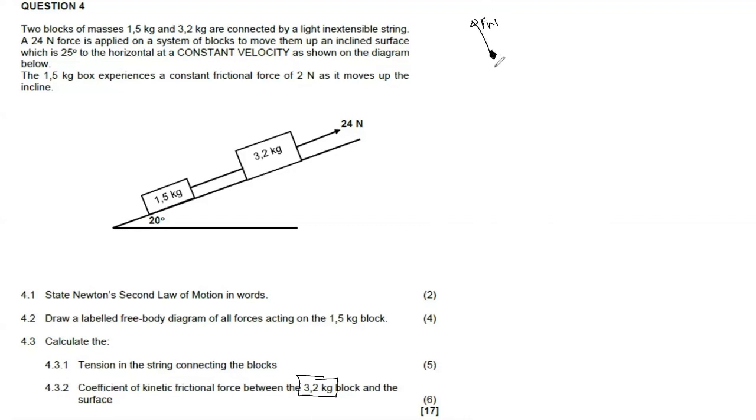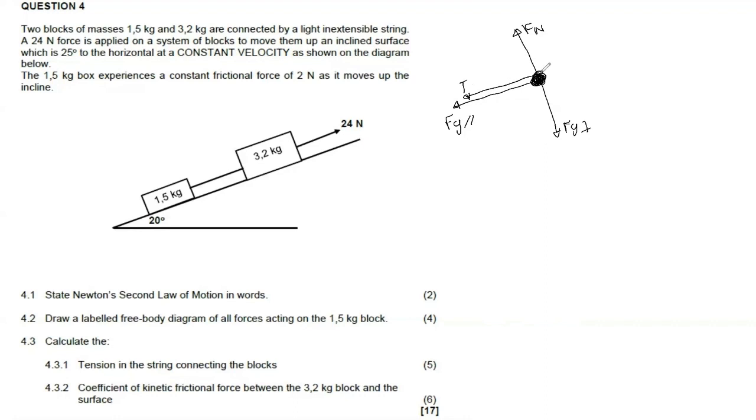So that means we'll have the normal force here. So let's draw it here. We have the normal force, and then we have the Fg perpendicular. Then down the slope, we know that should be our Fg parallel. But then also down the slope, in reference to the 3.2 kg, we can see that the tension is now down the slope.